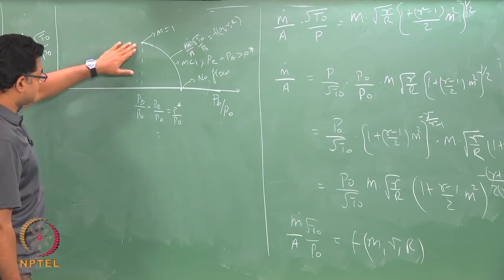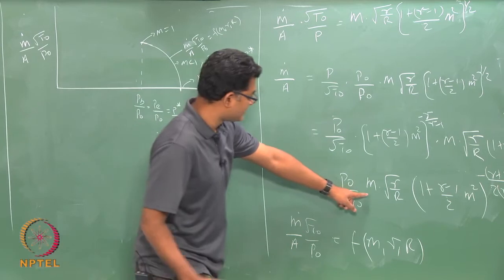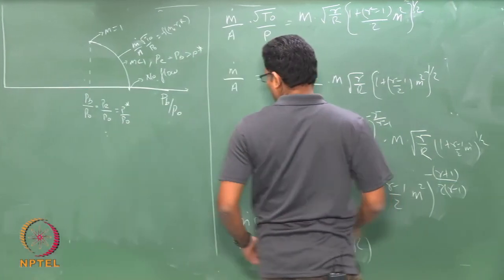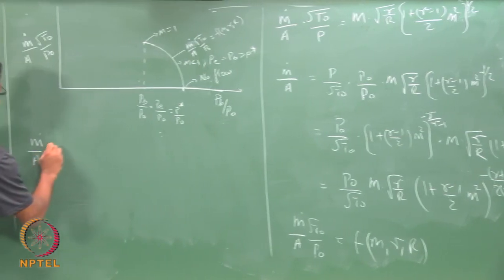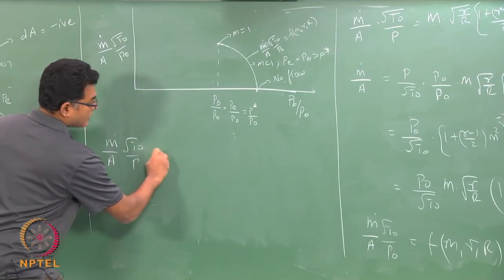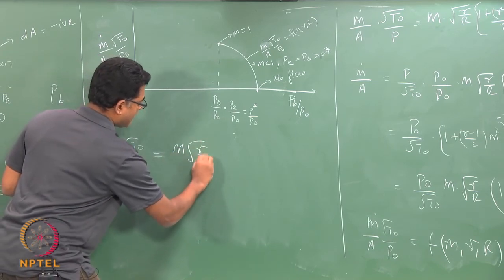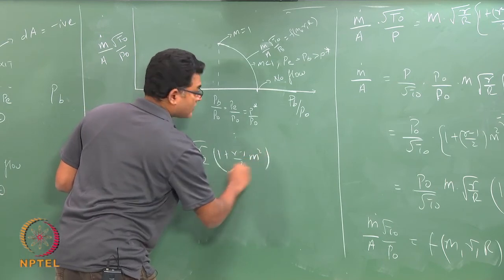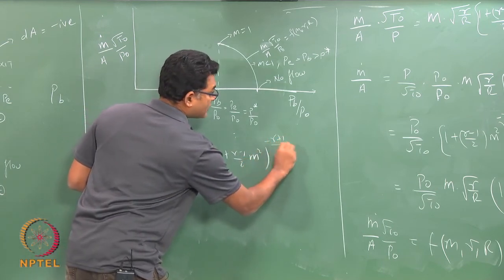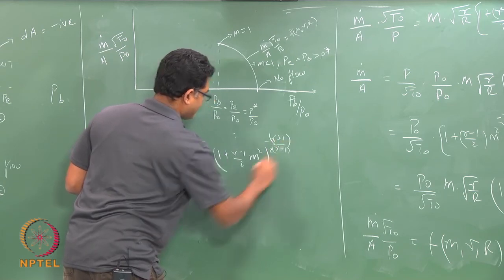And once you reach M equals 1, if I substitute M equals 1 in this equation, what I would get is m dot by A root T0 by P0 as M into root gamma by R, 1 plus gamma minus 1 by 2 M squared to the power minus gamma plus 1 by 2 into gamma minus 1.